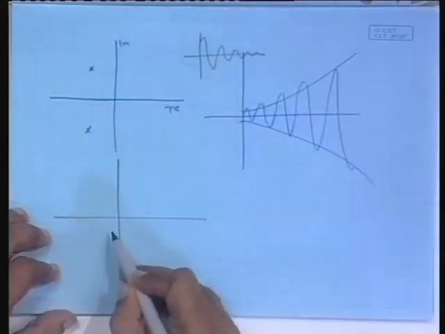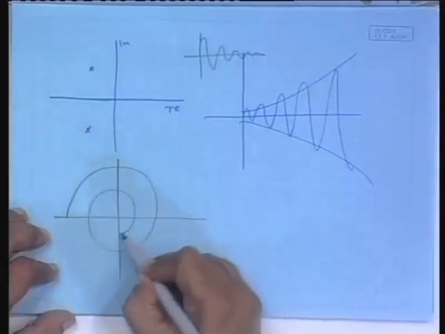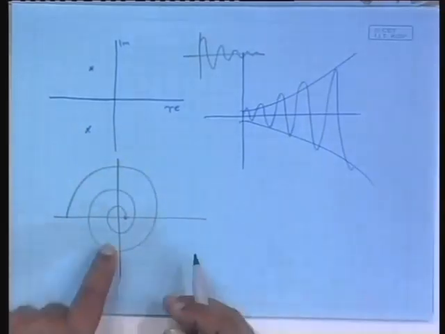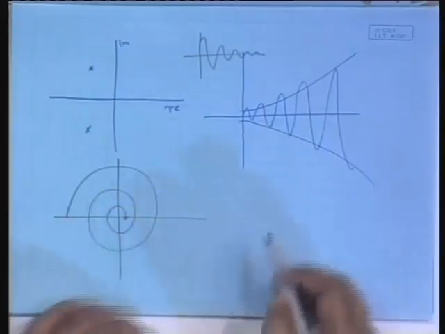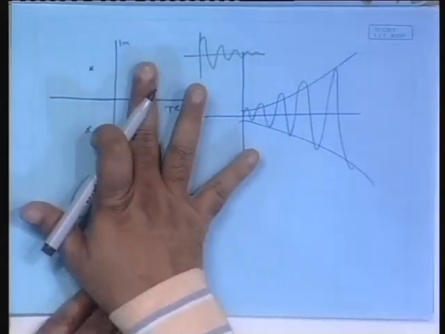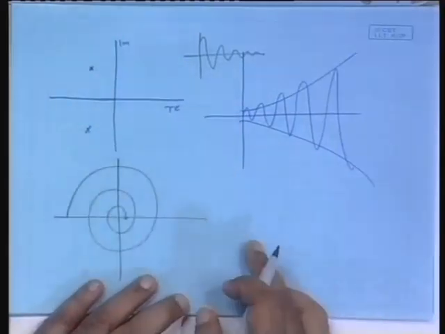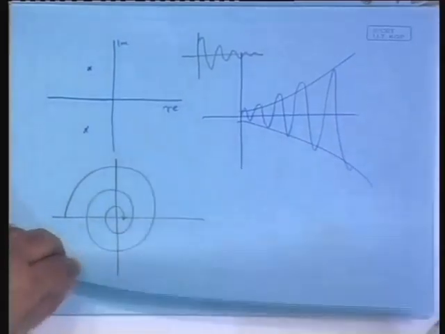In the state space, it will be a spiral, an incoming spiral. Okay. It will be a spiral sink. Similarly, this type, where the eigenvalues have positive real parts, it will be a spiral source. Okay. So, these are the names.